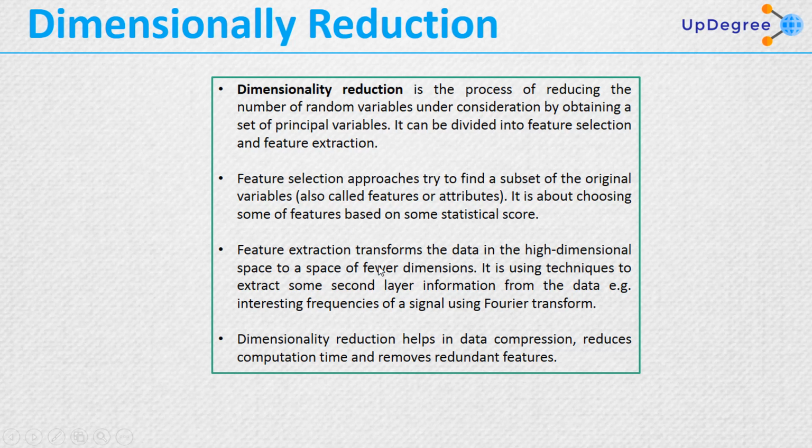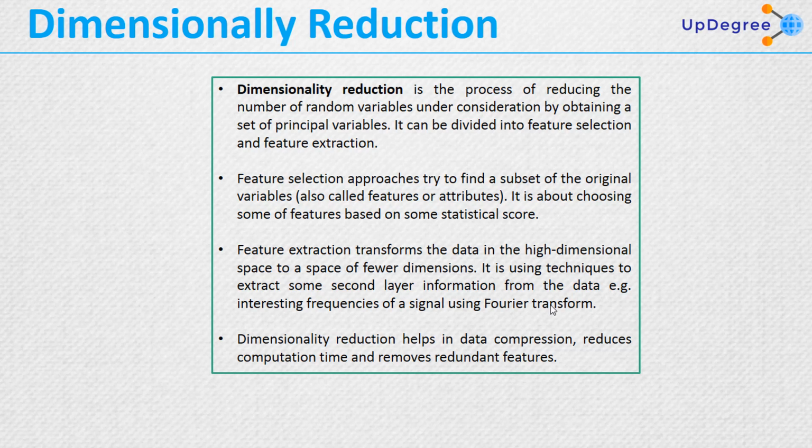Feature extraction transforms the data in the high dimensional space to a space of fewer dimensions. It usually uses techniques to extract some second layer of information from the data, for example the interesting frequencies of a signal using the Fourier transform. Here we have one signal. We know that one signal comprises different other participating signals, and their interference makes the ultimate signal in the required shape.